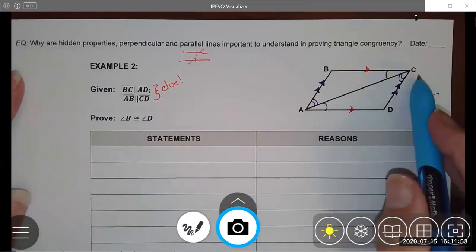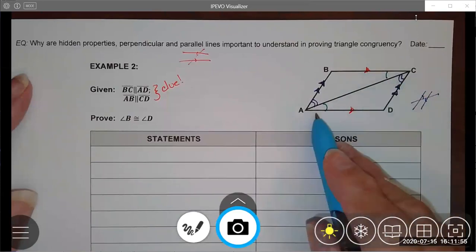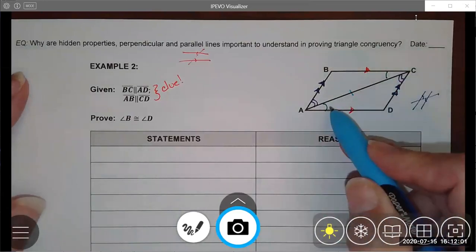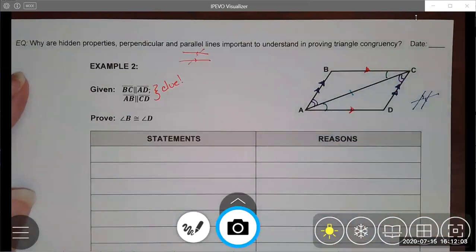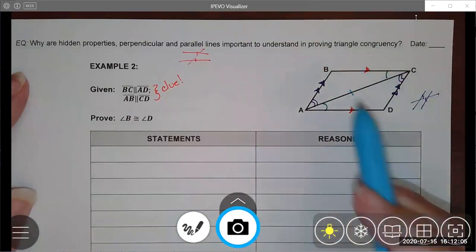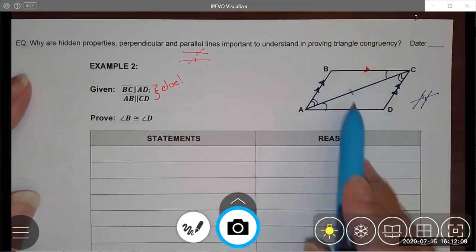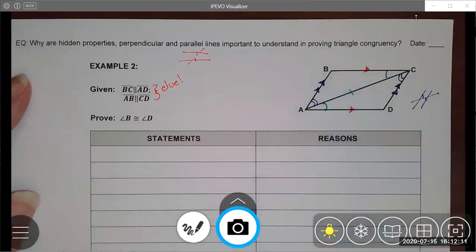And I remember from the last lesson that we have a hidden shared side, which is a hidden congruency. And so AC is going to be congruent to CA. And that's how I can prove my triangles congruent. Once I've proven congruent triangles, then I know that each side is congruent and that angle B is congruent to angle D. Corresponding parts of congruent triangles are congruent.